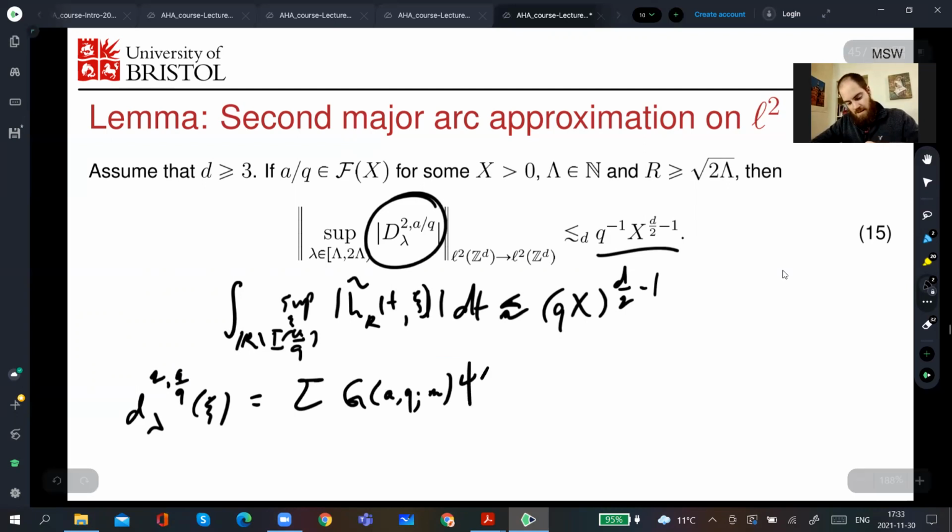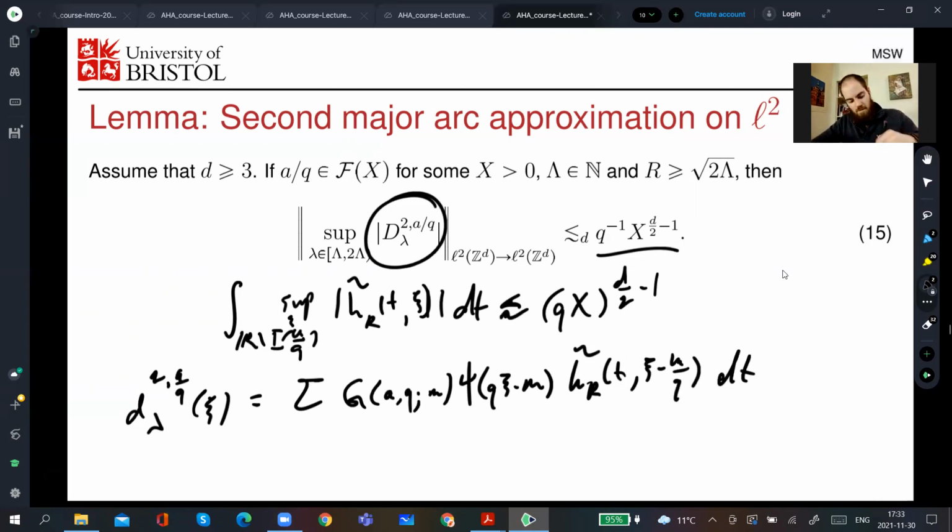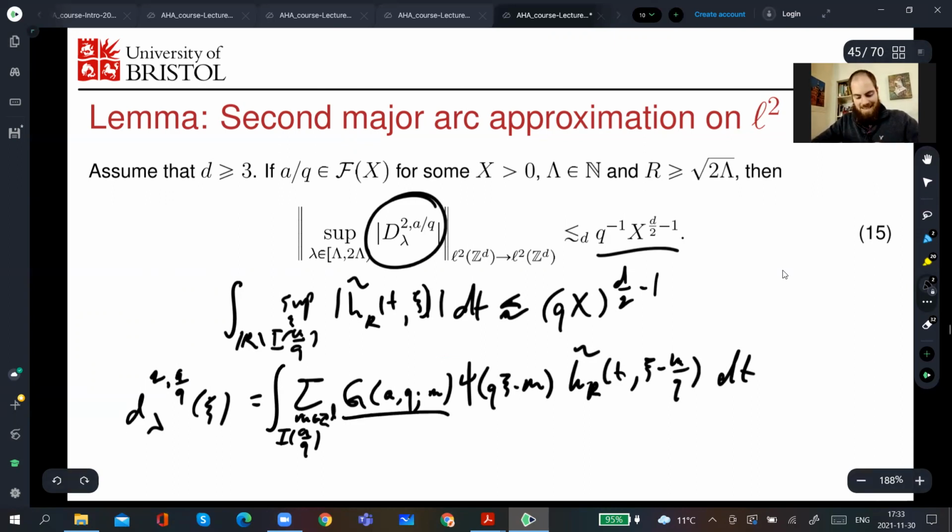Localized by these things, qc minus m hr t c minus m over q dt, integral I a over q. And this Gauss sum is at most 2 to the d q to the minus d over 2. So that compensates for this power of q, leaving us with this bound as claimed.